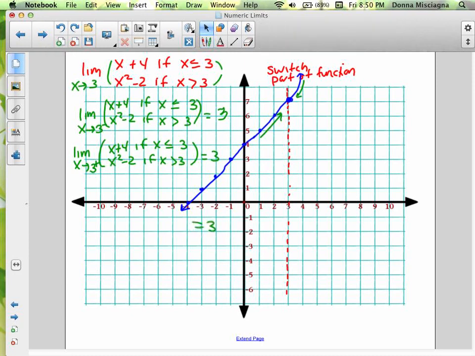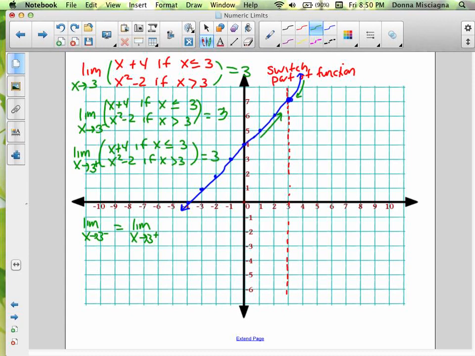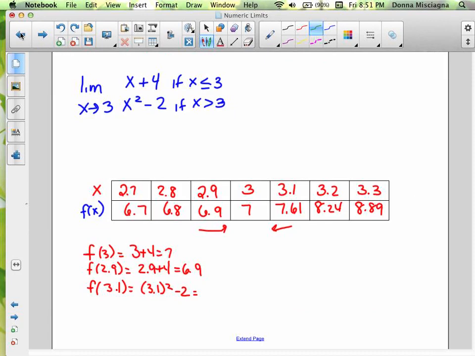Just going to drag it up. Right, and it equals 3 because the limit as x approaches 3 from the left equals the limit as x approaches 3 from the right. So one kind of problem when we're finding our limits numerically is if I'm not close enough to 3, sometimes it's hard to tell.